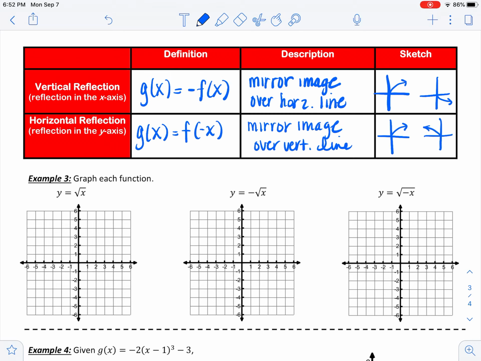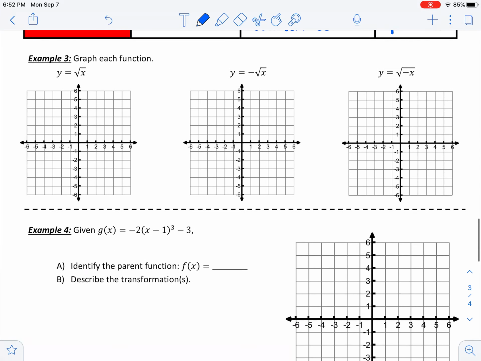This is what a horizontal reflection would look like. Okay, so it's here once again, but just to make sure everyone can see what it looks like. This is the parent. This is the parent. All right, so negative in front of the parent is a vertical reflection.